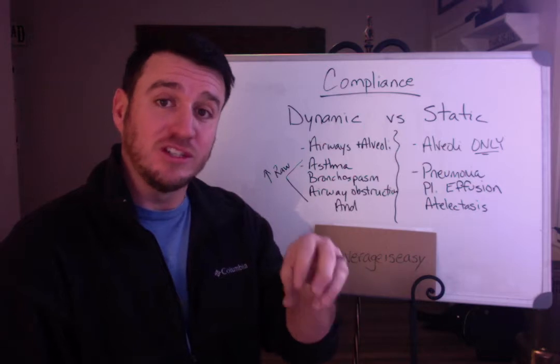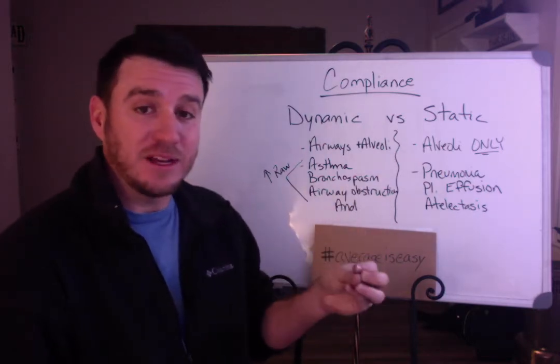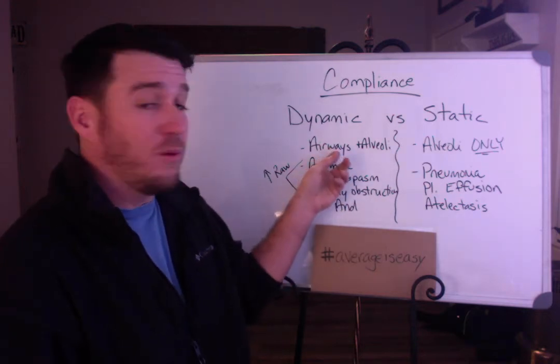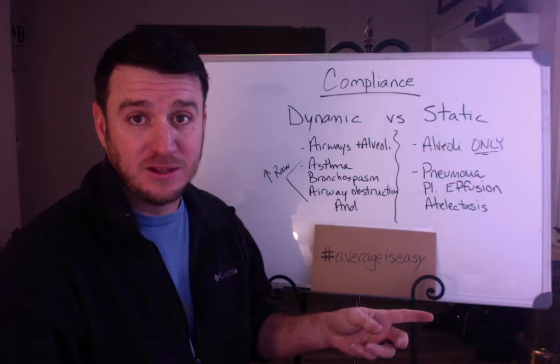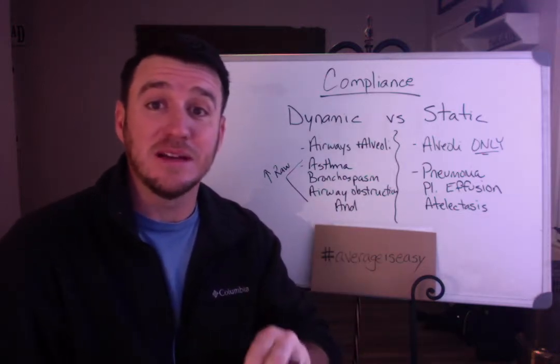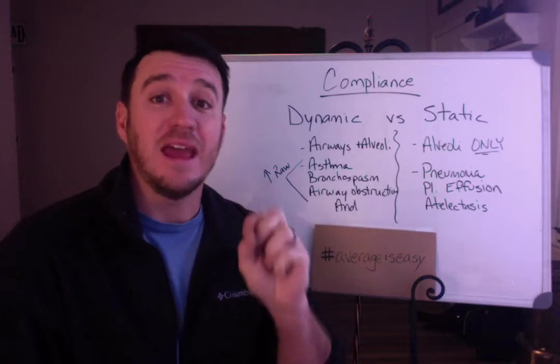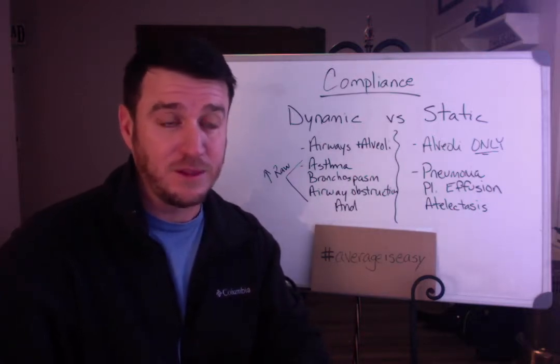It takes pressure to get through the airways, okay? And that's where dynamic compliance comes in. So now we're talking airways plus the alveoli. So dynamic compliance is not just airways alone. Dynamic compliance is airways and alveoli, both of them together, all right?